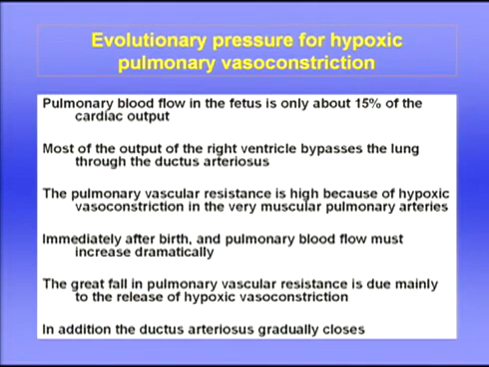In addition, the ductus arteriosus gradually constricts and tends to reduce the amount of blood that can be shunted through the ductus arteriosus. So those are very dramatic events. They're critically important in the survival, in the transition from the fetus to the newborn baby, and I believe that is the main evolutionary pressure for the hypoxic pulmonary vasoconstriction.